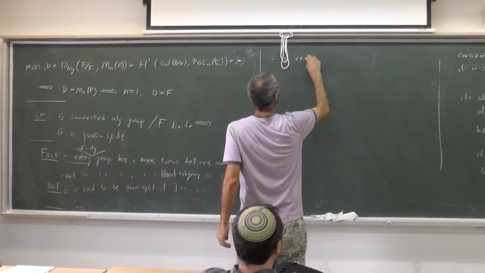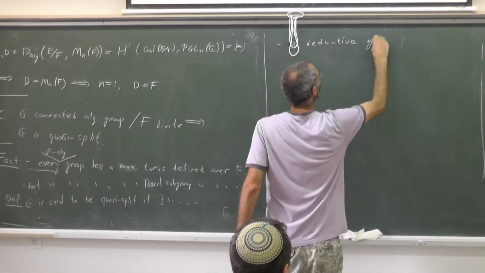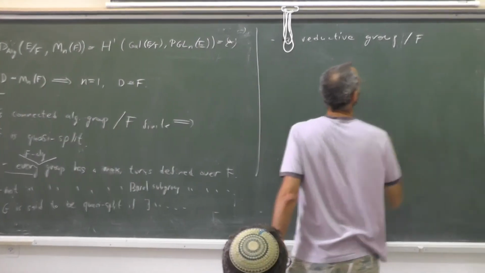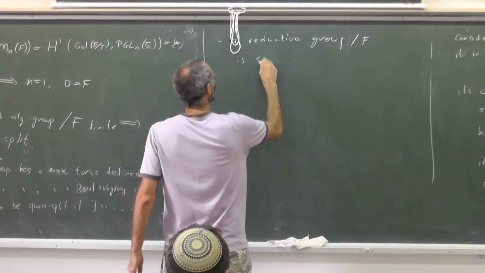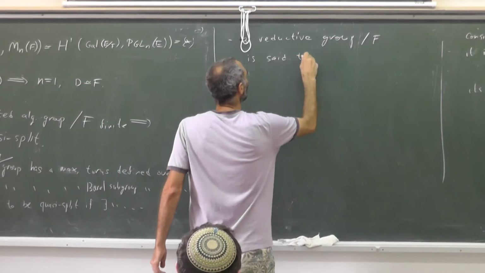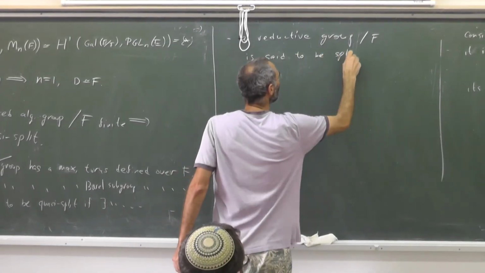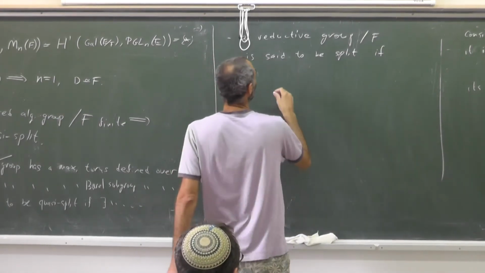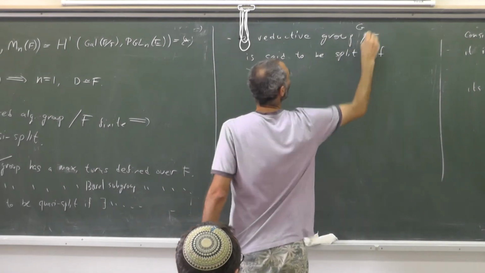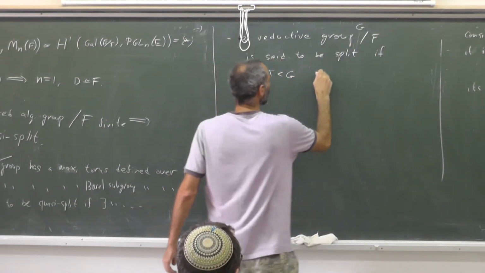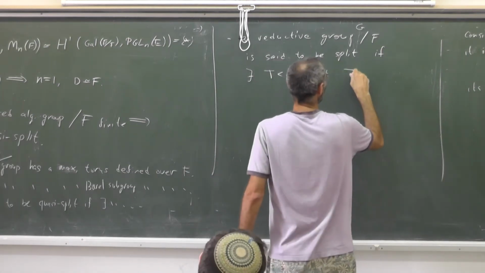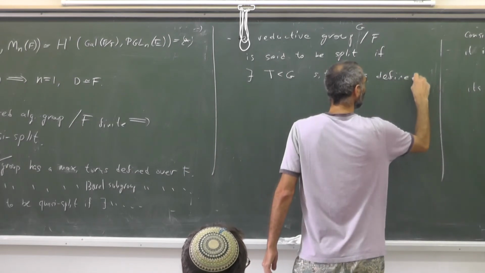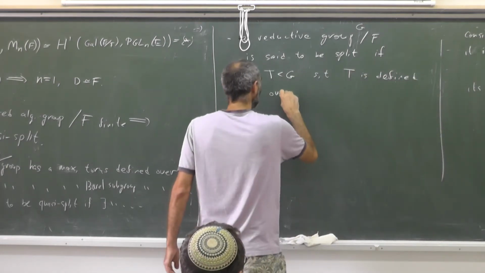A reductive group over F is said to be split if there exists T in G such that T, first of all, is defined over F. This is not yet the definition.